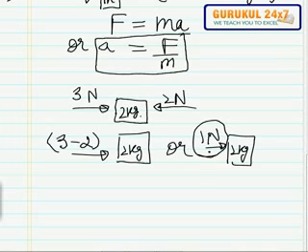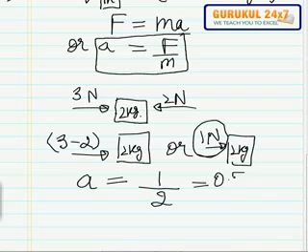Now we have the net force, so we can find the acceleration. That would be given by 1 divided by 2, or 0.5 meters per second squared. Remember, whenever you are finding the acceleration, the force has to be in newtons and the mass has to be in kilograms.